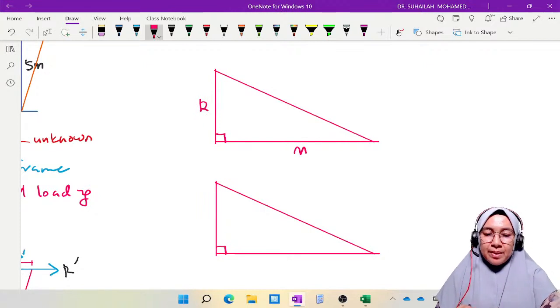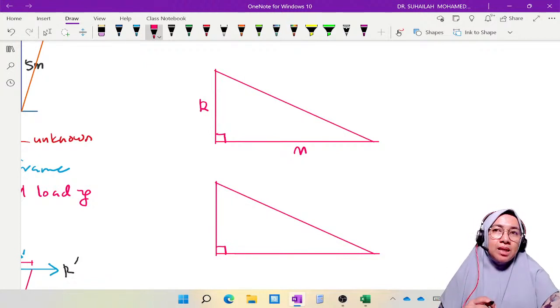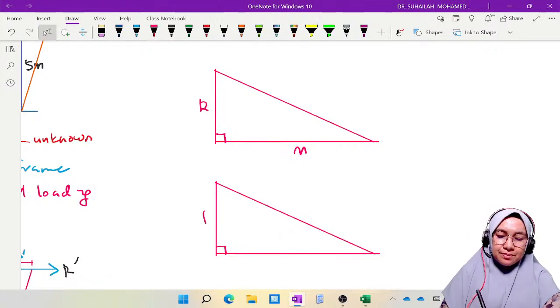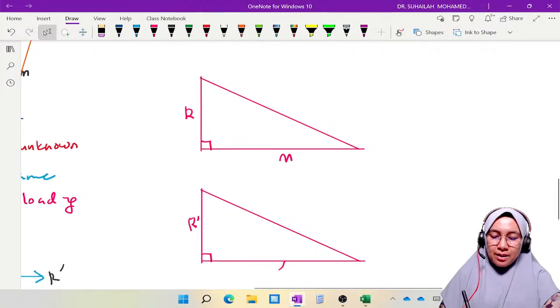In the second triangle, which represents the frame in diagram number 4, there are r prime and m prime.